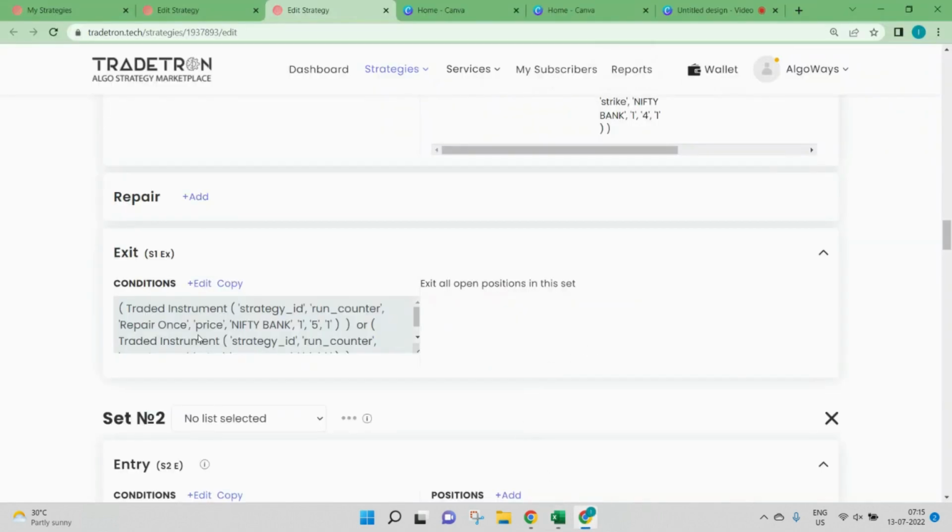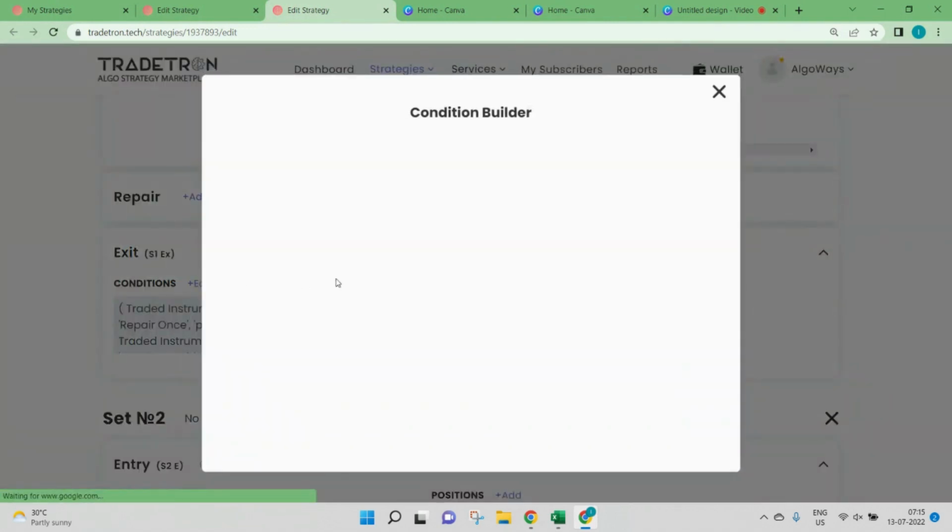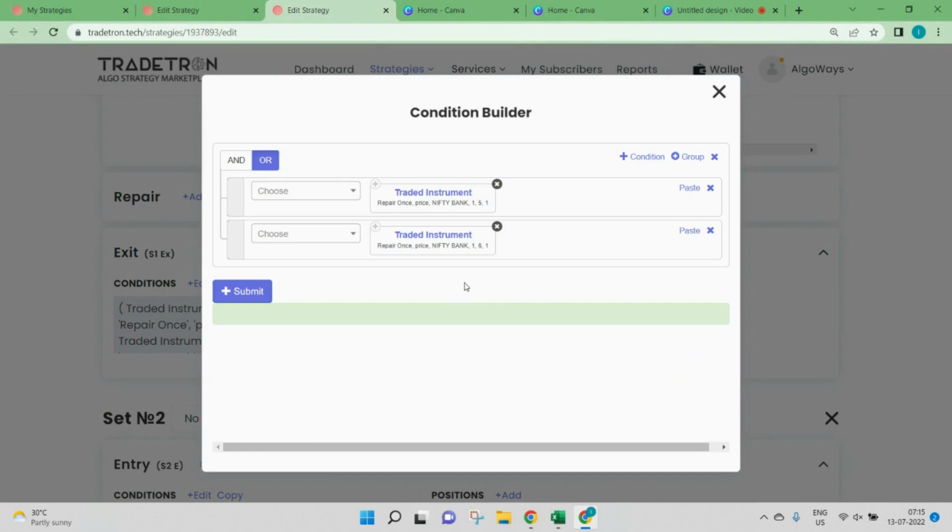But still, if we want to take a re-entry once this re-entered leg hits the stop loss, what we can do is exit all the positions in that particular set and take a fresh entry, because it has already got into a lot of mesh of hitting the SL, re-entry, and then hitting the SL again. So what we will do is check the OR condition.